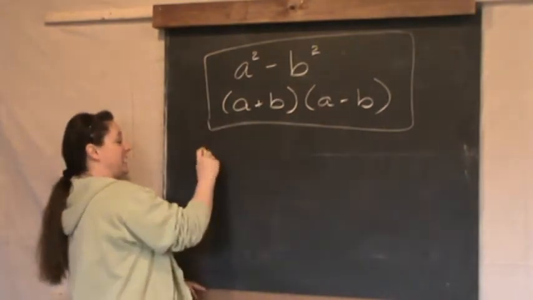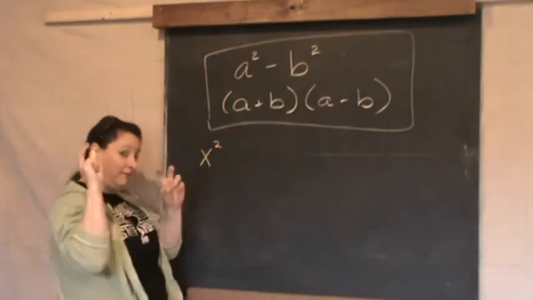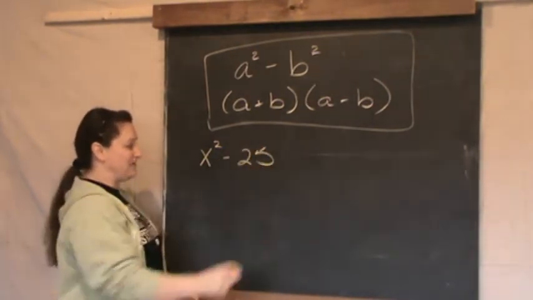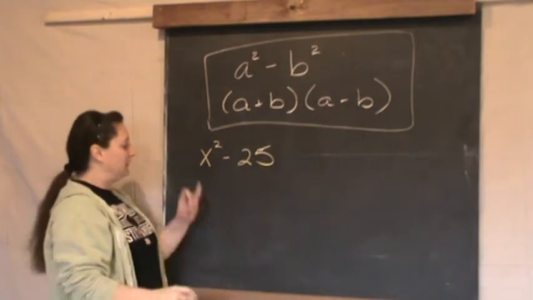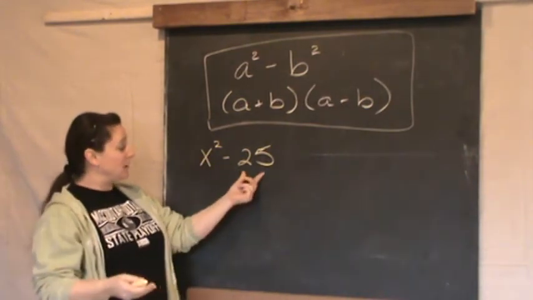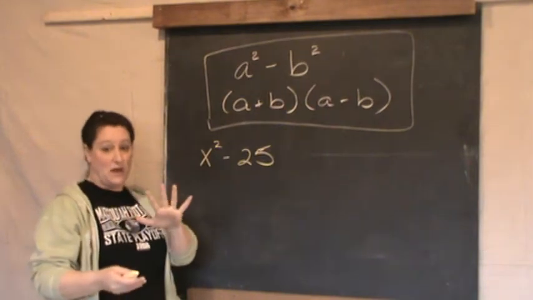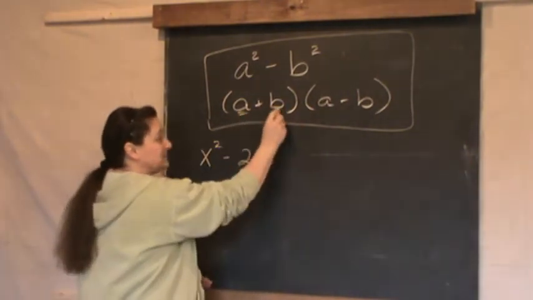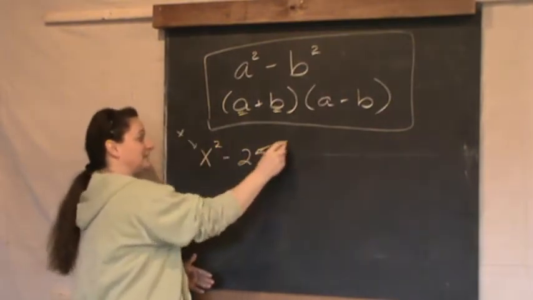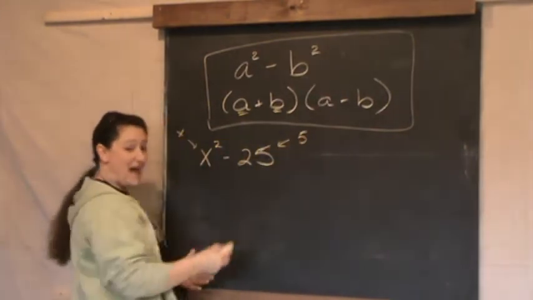So, if I had something as simple as x squared minus 25. X squared, well that's x squared. 25 is 5 squared. So the parts, the a and the b, are x and 5.